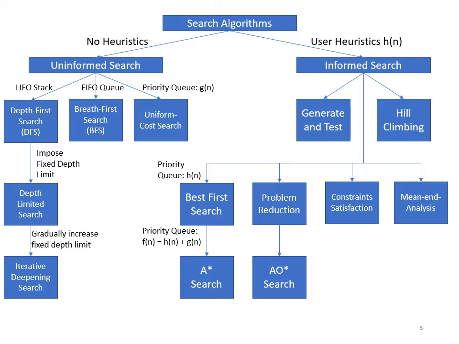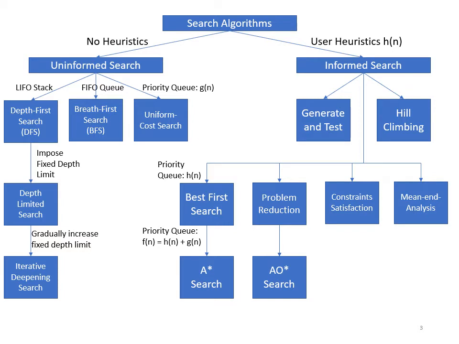It has no information, which means it has no guide. On the basis of data structures, uninformed search is divided into three categories. On the basis of a LIFO stack, it is depth first search; on the basis of a FIFO strategy, it is breadth first search; and on the basis of a priority queue on the cost of the node, it is called uniform cost search.